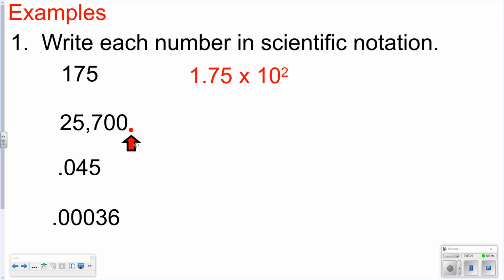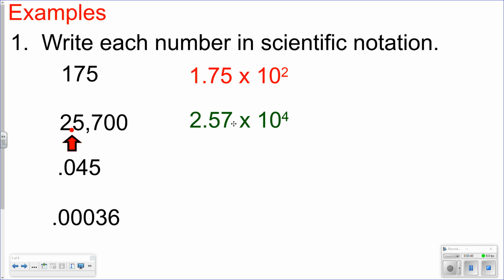Here, the decimal is at the end of the number, and I need it between the 2 and the 5. So I'm going to move it 1, 2, 3, 4 places over, so it's 2.57 times 10 to the 4th.